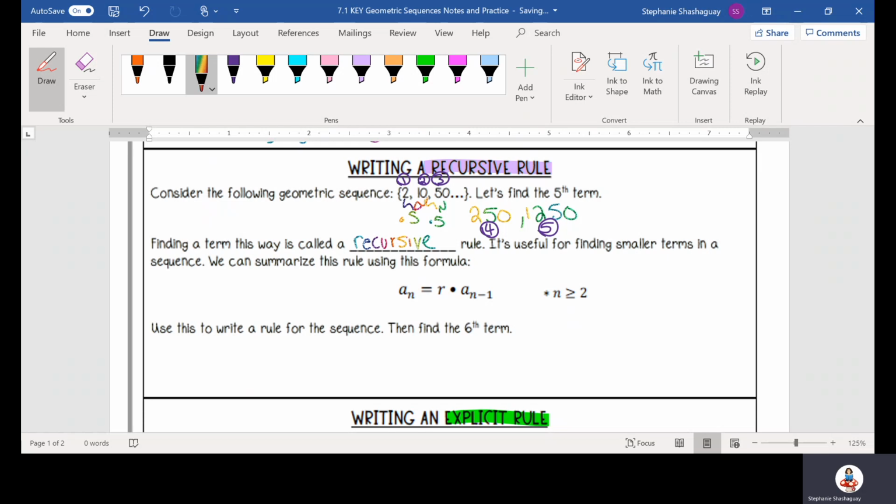We can summarize this rule using the formula a sub n, and a sub n just means any number in a sequence. R is our common ratio.